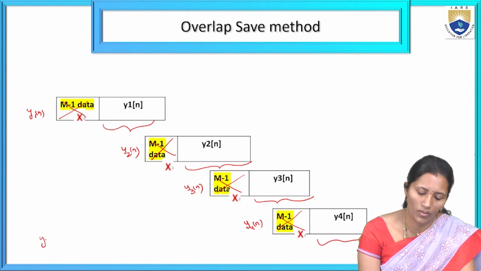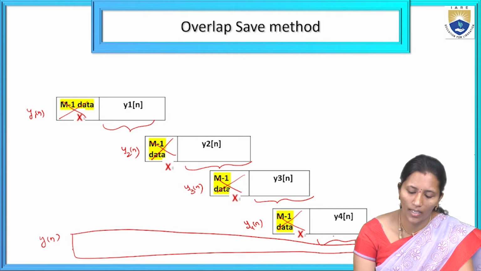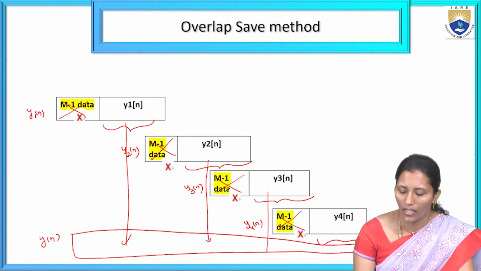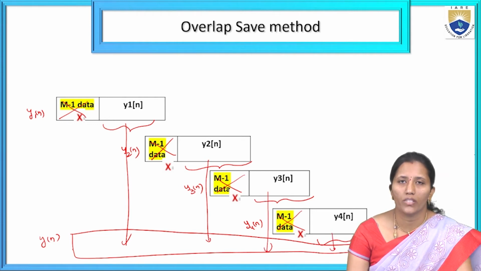So the remaining bits will be directly concatenated to the output. So this is the procedure to find the final output response in the overlap save method.